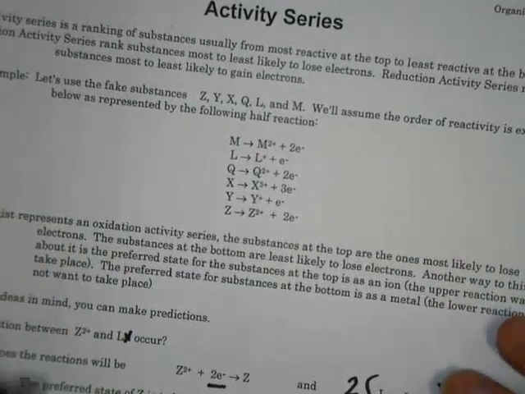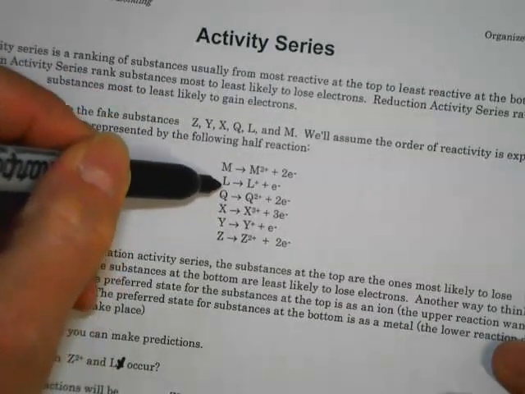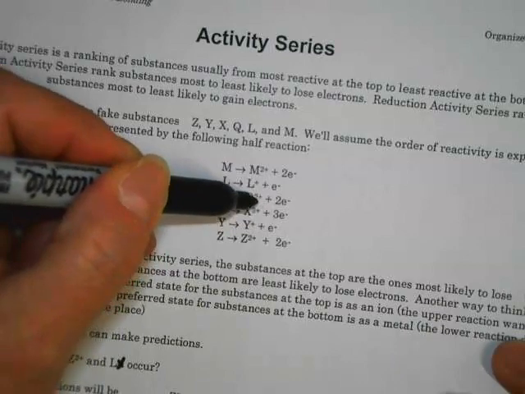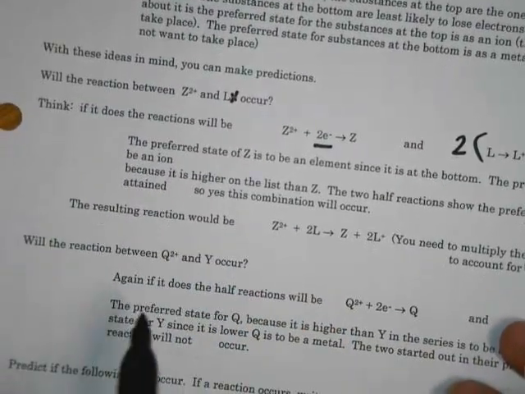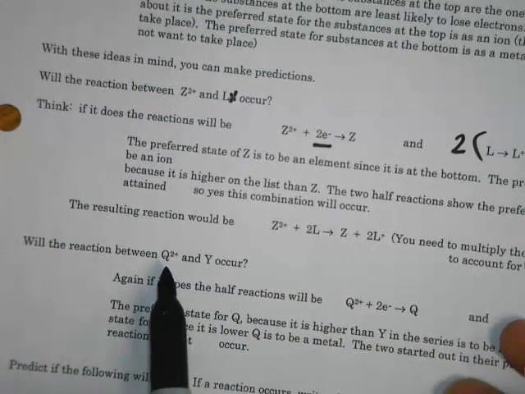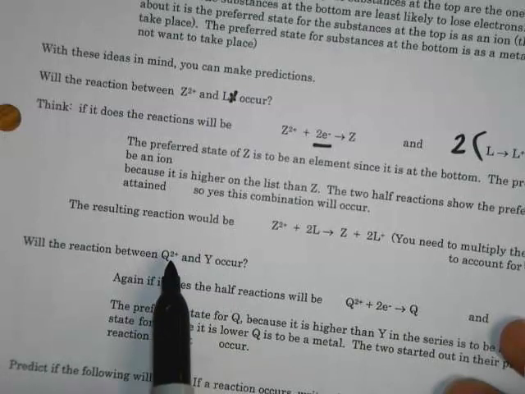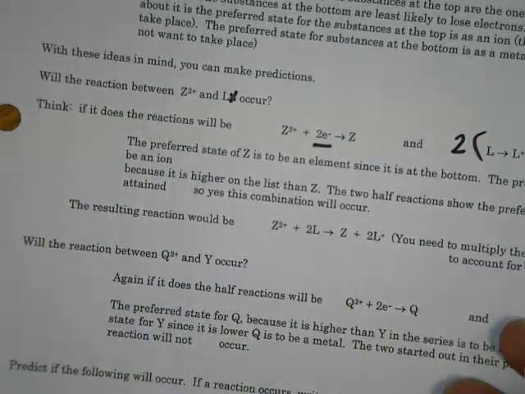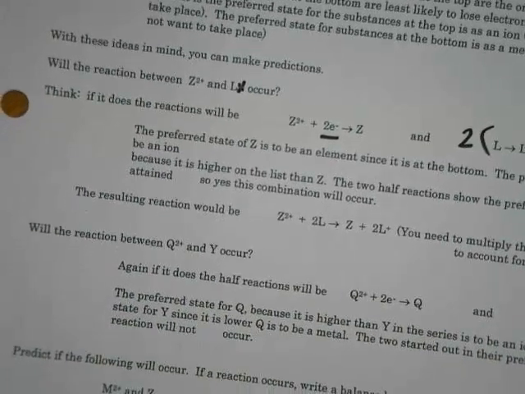Q2+ and Y. Q is above Y. Q is the one that wants to be the ion more than Y does. Well, if we look, Q is already the ion. So this reaction is not going to take place because they are already in their preferred state. Q2+ would rather be an ion more than Y would. So we will get no reaction.